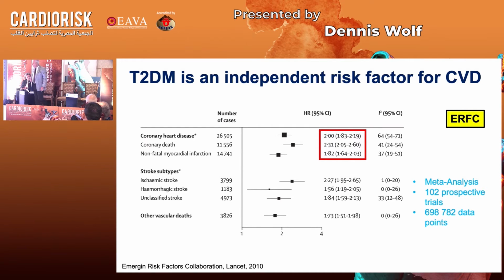Because what the authors of this study found is that when you perform multi-region imaging by coronary CT or by ultrasound in the carotid arteries, you do find an enhanced incidence of atherosclerotic lesions at those locations, even in patients that do not meet the criteria for diabetes mellitus, but that instead meet the criteria of pre-diabetes, which was defined as an HbA1c above 5.6%. So that shows you that this is a continuum between a healthy patient and a patient with diabetes mellitus. And human beings are at an enhanced risk of atherosclerosis even at the level of pre-diabetes.